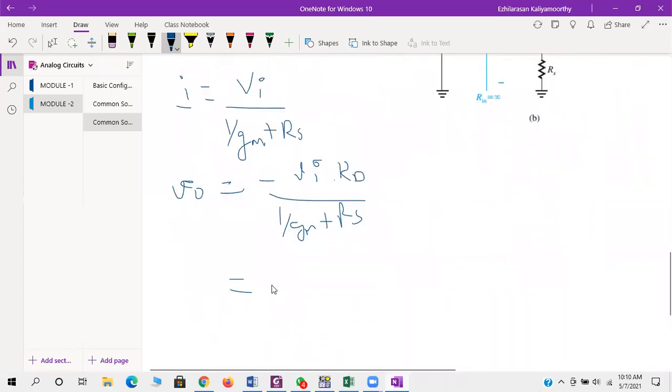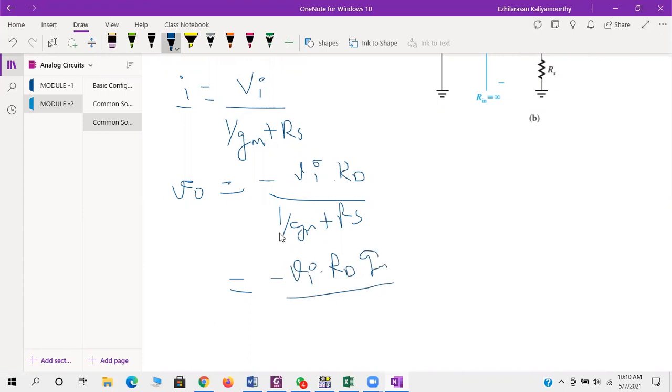Now again, from this we get minus VI into RD GM. Why? Because you take the 1 by GM as common or do cross multiplication, the denominator GM will go up. So 1 plus GMRS.